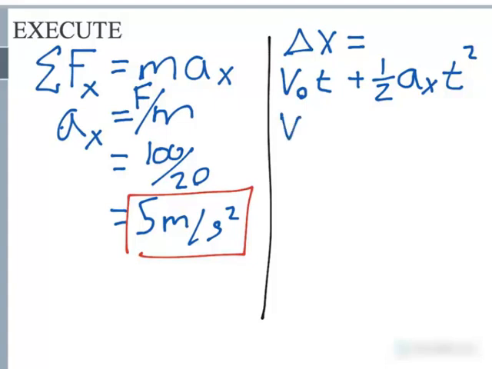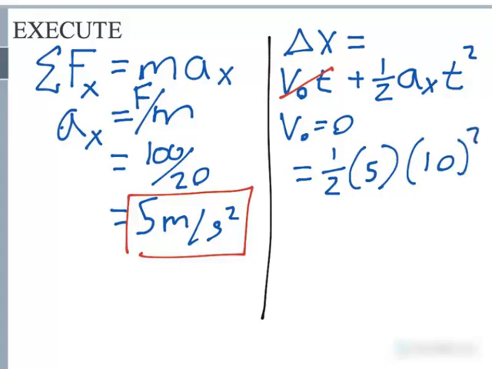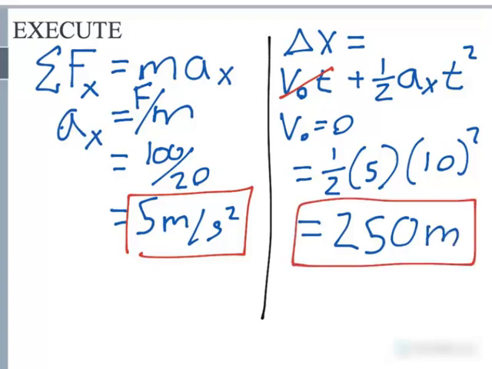Now we know that v initial is equal to 0 because initially we are not moving, so this will cross out. Then we just need to plug in the acceleration and the time that we were given. So all this will equal 1/2 times 5 times 10 squared, and this will equal 250 meters. There is our second target variable.